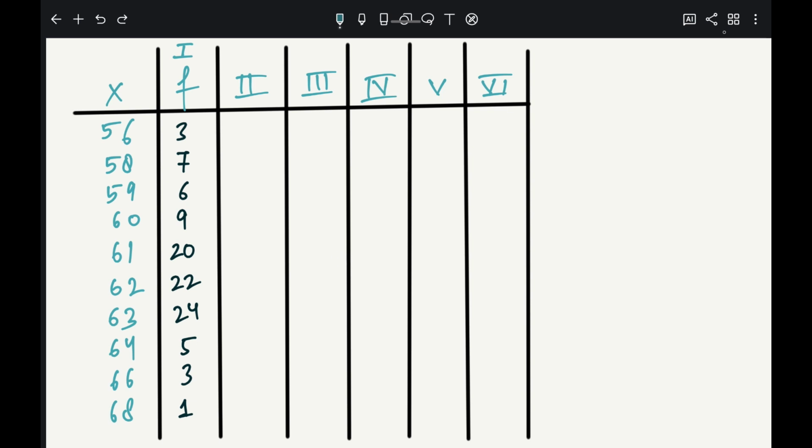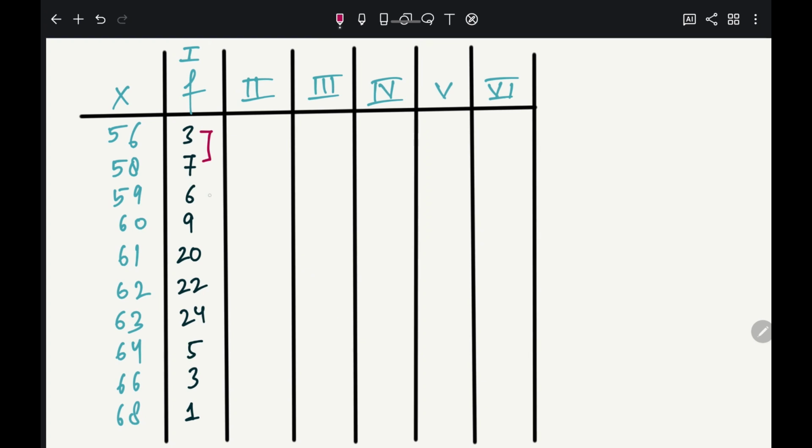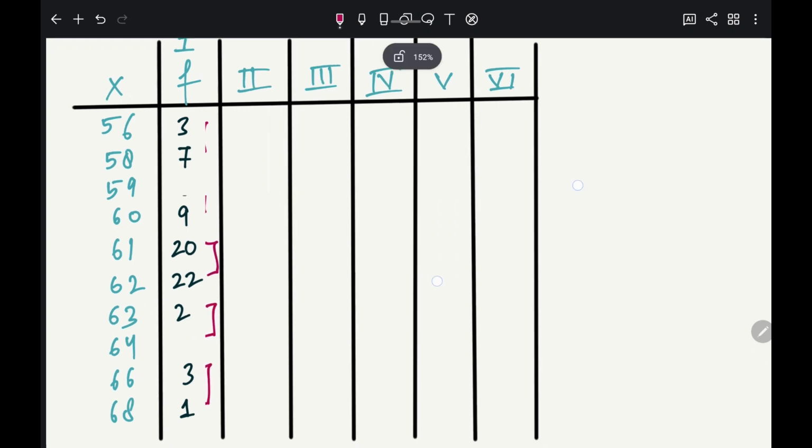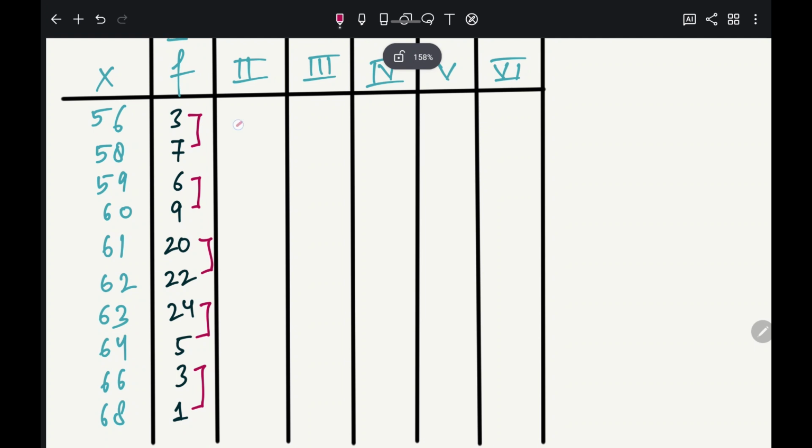For the second column, we will add the first 2 frequencies, the second 2 frequencies, then the third 2, then the fourth 2, and then the fifth. So 3 plus 7, 10, 6 plus 9, 15, 20 plus 22, 42, 24 plus 5, 29, and 3 plus 1, 4. In the third column, we have to add the second 2 frequencies, leaving the first one out.